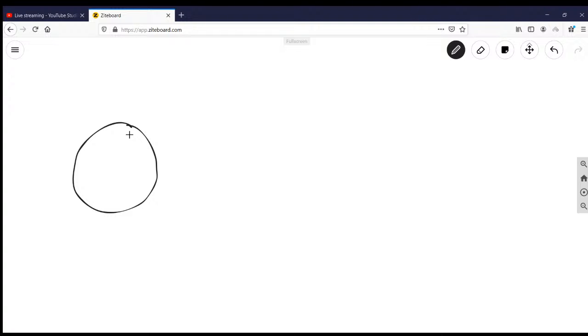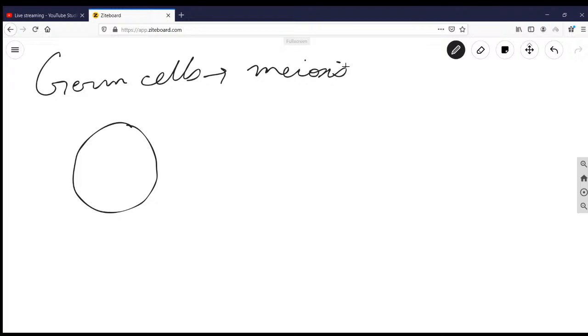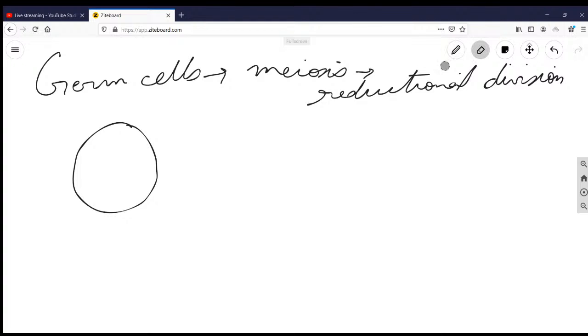These are the only cells known as germ cells, and production of germ cells occurs by the cellular division known as meiosis. Meiosis is also known as reductional division. I'll give you an overview, even though meiosis has not been taught to you, so that you can understand what alleles are and why we call each cell diploid or haploid.